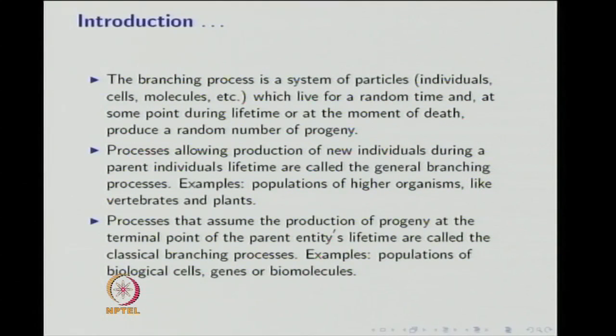The branching process is a system of particles or individuals or cells or molecules which live for a random time and at some point during lifetime or at the moment of death produce a random number of progeny.